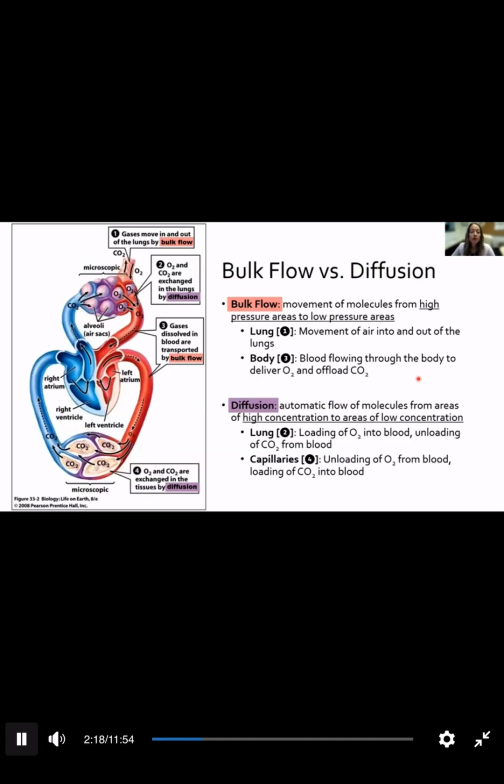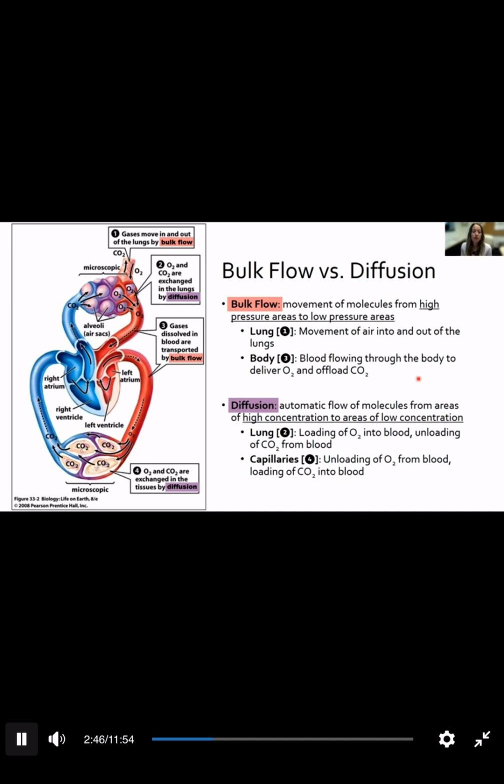One of the main components of respiration that I want you all to understand is that it takes on 2 different forms, bulk flow versus diffusion. Bulk flow is the movement of molecules from high pressure areas to low pressure areas. When we think about the whole respiratory system, this mechanism, bulk flow, is utilized at 2 major areas.